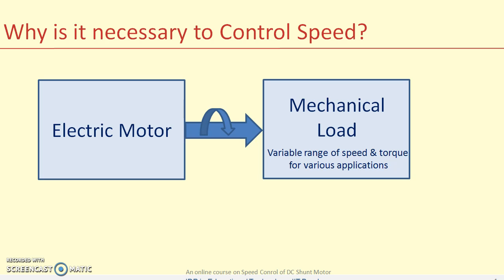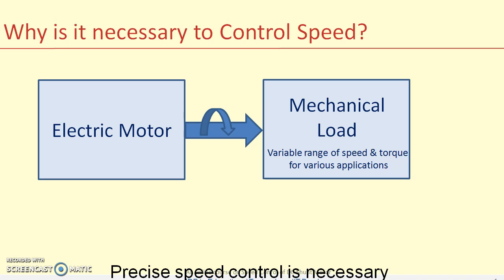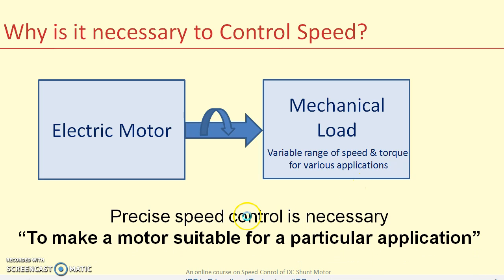One time it may be required to operate at one speed, and at some other time we may require the same motor to operate at a different speed. So it is necessary to control the speed of the DC motor for any particular application. We can conclude like this: precise speed control is necessary to make a motor suitable for a given particular application.